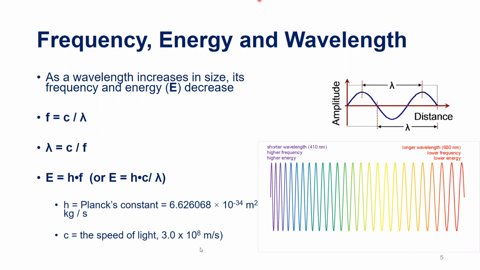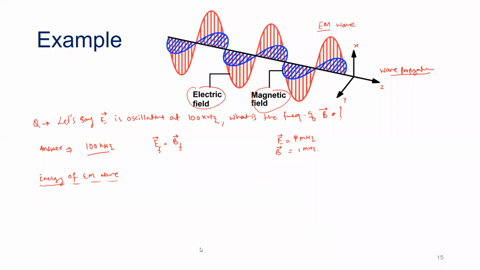Now we have to calculate in our question what is the energy in the E field and what is the energy in the B field. So coming back to our slide right here, we see that we have the question that we are going to understand.